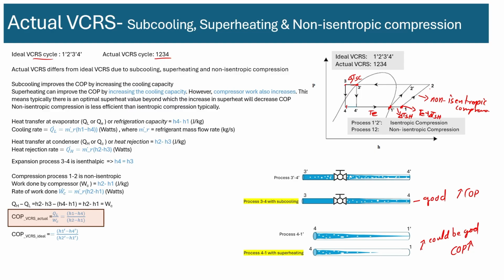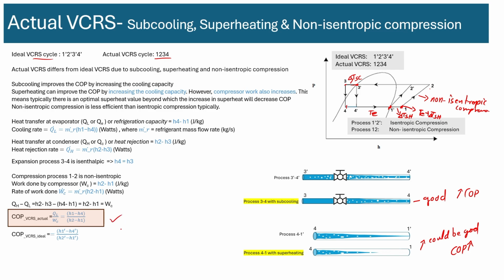The main reason the actual VCRS is bad compared to ideal VCRS is because of the non-isentropic compression. So the non-isentropic compression makes it less efficient. The overall efficiency for the actual VCR cycle uses the same formula in this case, because we have moved the points 1, 4, 2, and 3.